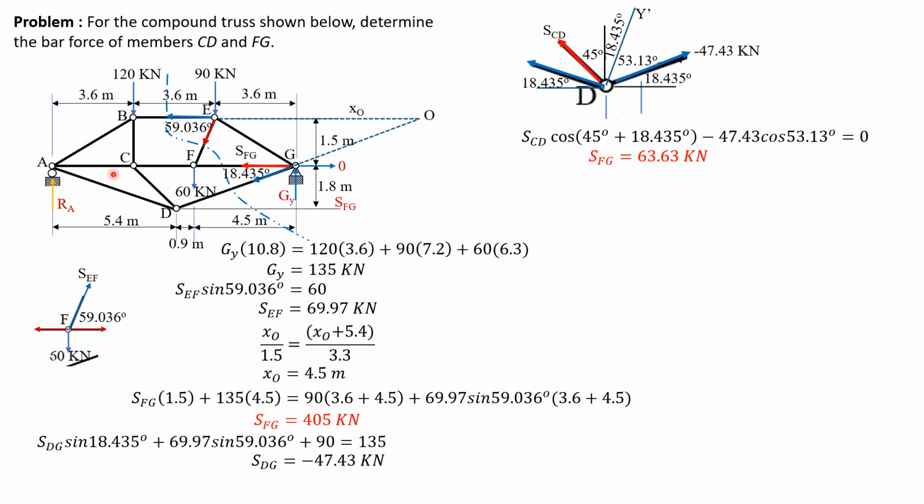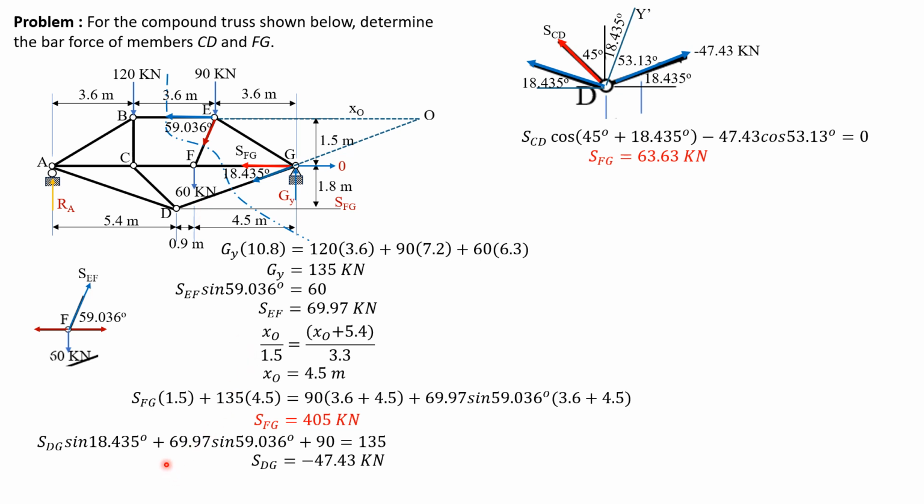If we introduce this cutting section, the unknowns would be DG and CD. We sum up moments about A, then we can solve for CD after we solve for DG. But my plan is to solve for DG first, then proceed to joint D. There are two remaining unknowns. Then we set up summation of forces in x and y, two equations and two unknowns, to solve for CD.